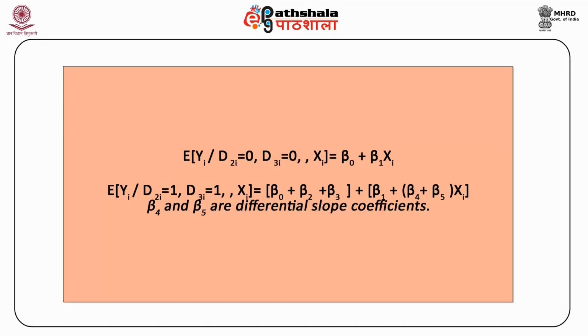For instance, beta 4 tells us by how much the slope coefficient beta 1 of the quantitative variable xi, which is years of service, differs between the two categories of dummy variable d2i, which is whether MBA from Harvard or otherwise, ceteris paribus.